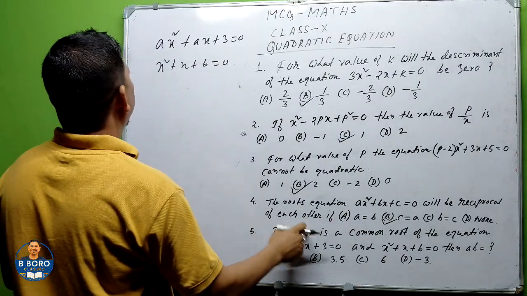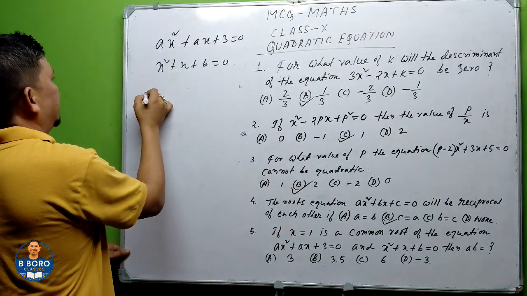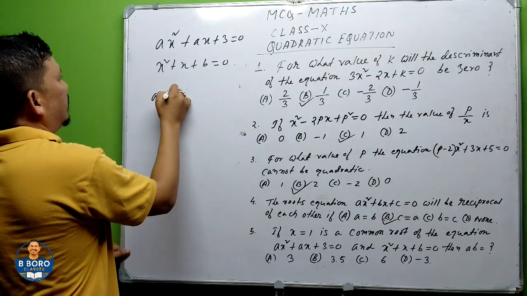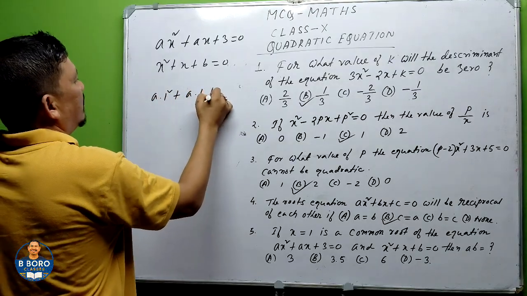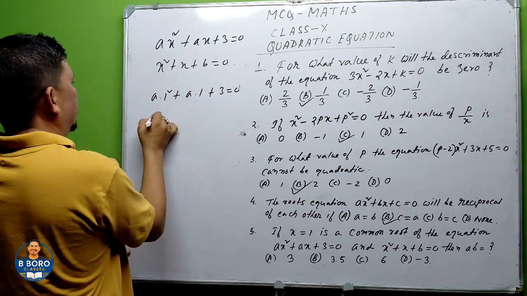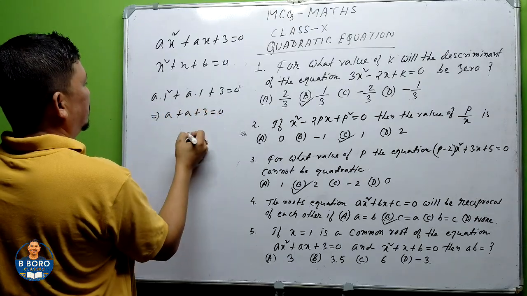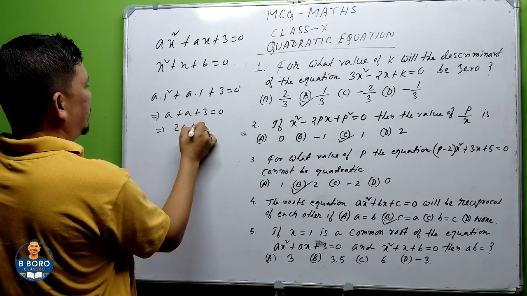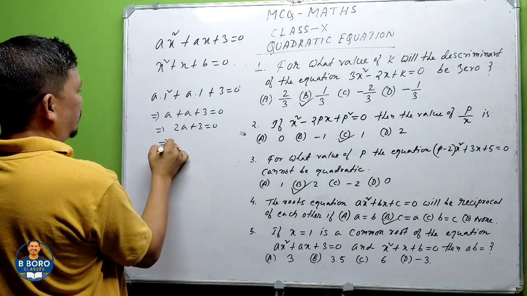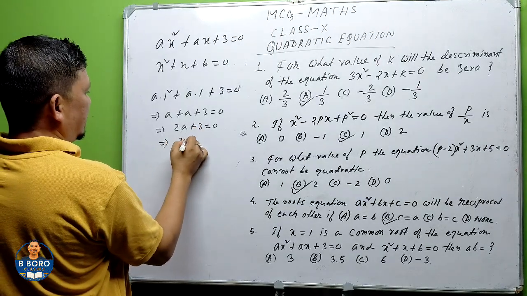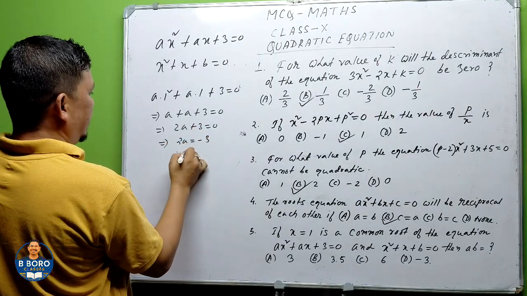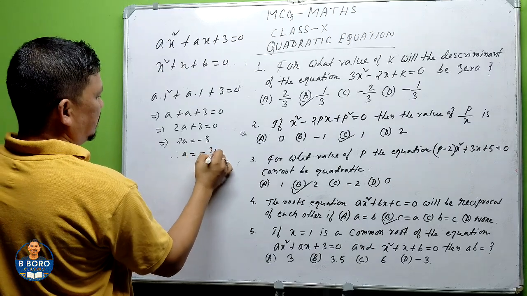That means x equal to 1 satisfies the given equation, so a into 1 square plus a into 1 plus 3 equal to 0. So a plus a, 2a plus 3 equal to 0. So 2a equals minus 3, so a equals minus 3 by 2.